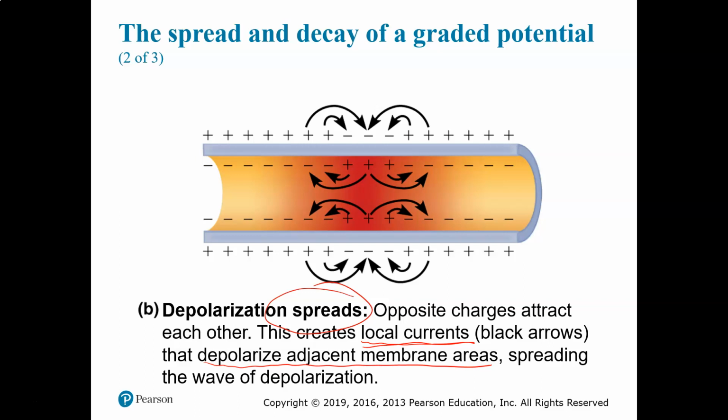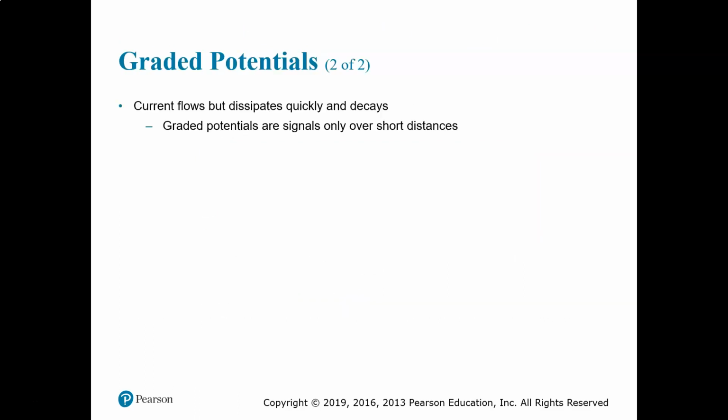Unless that graded potential changes the voltage from -70 to -55, enough sodium ions don't come in to make this change, and you will not get an action potential generated at the axon hillock that travels down the axon.